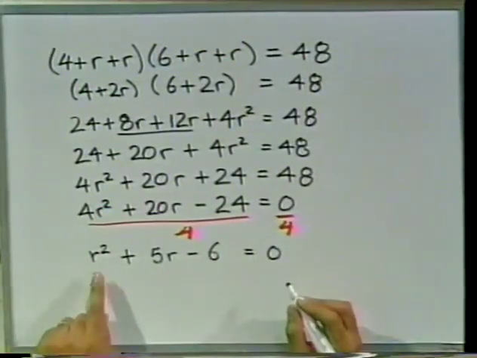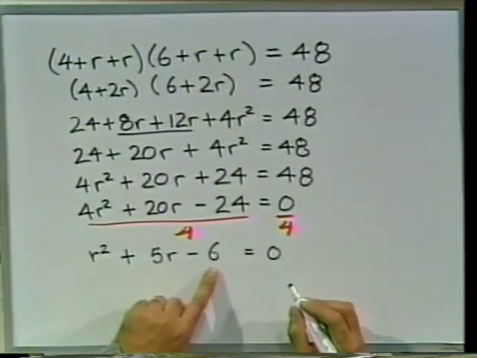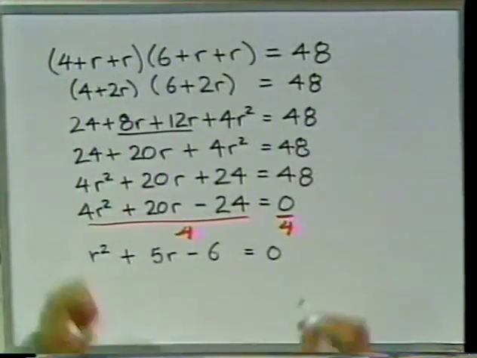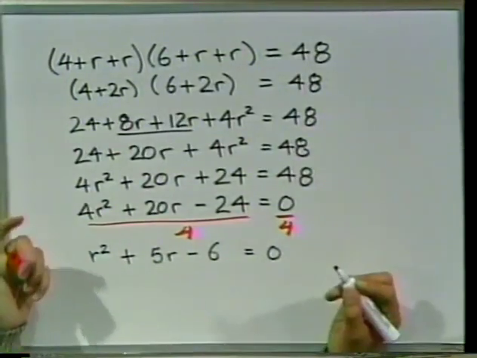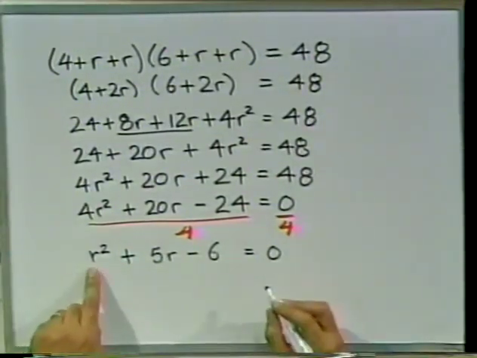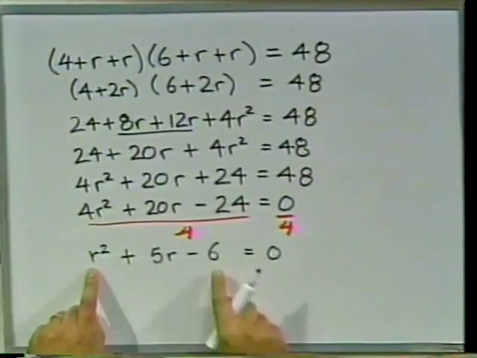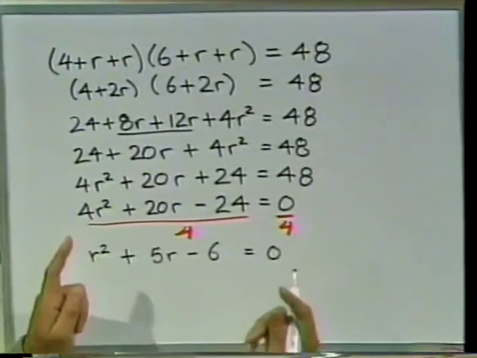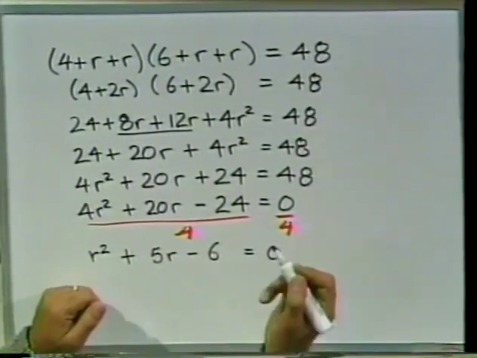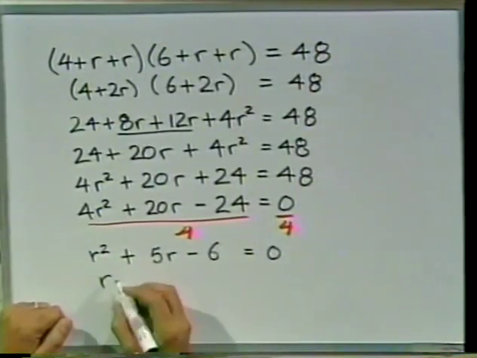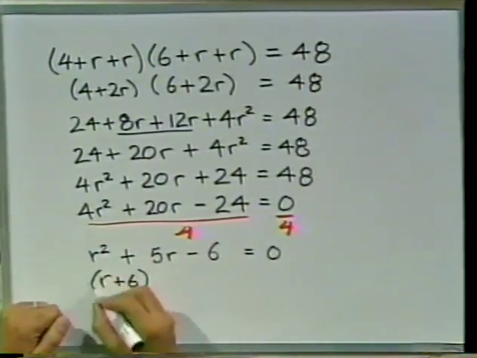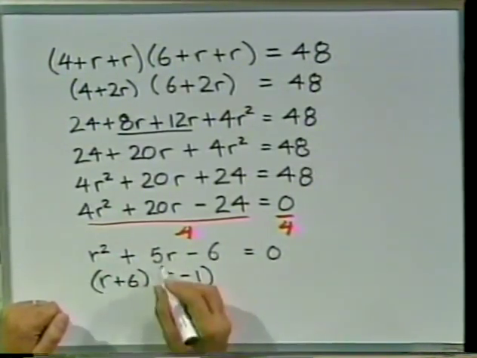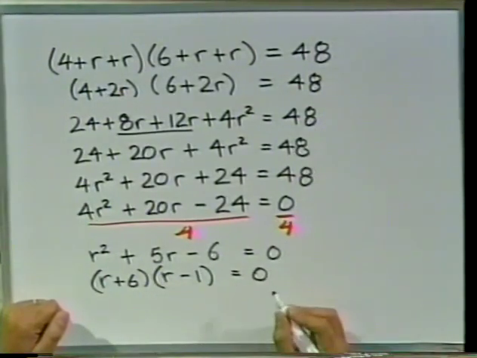And now I have r squared plus 5r minus 6 equals 0, and this is something I can factor. Since the coefficient of the square term is equal to 1, I look for factors of the last term whose sum is equal to the second term. In this case, positive 6 and negative 1. I have r plus 6 times r minus 1 equals 0.